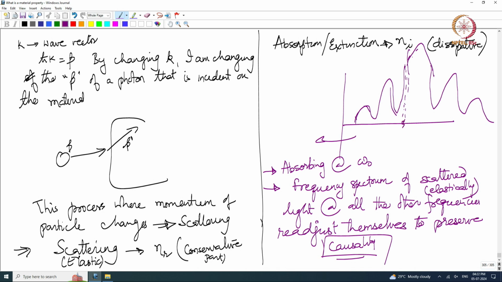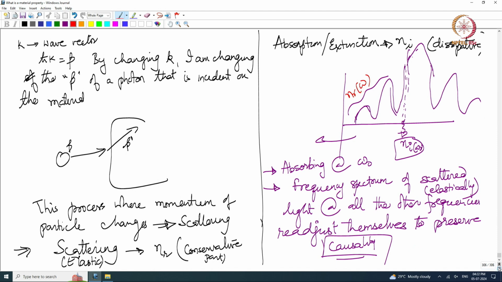As a result, so what did I say this is? The property of interest is Ni at omega naught, right. So the property of interest in all the other frequencies is Nr at those frequencies, right.